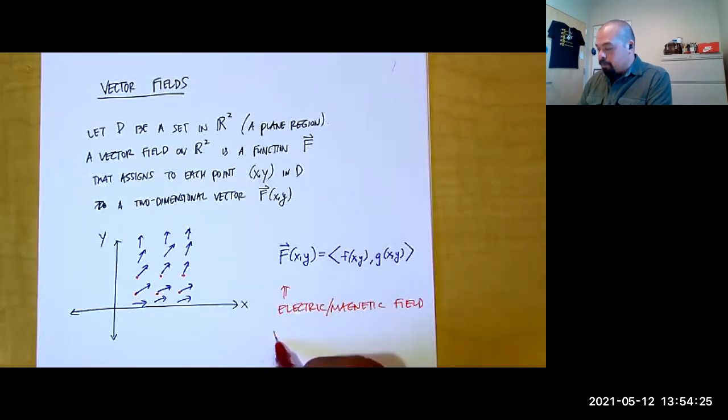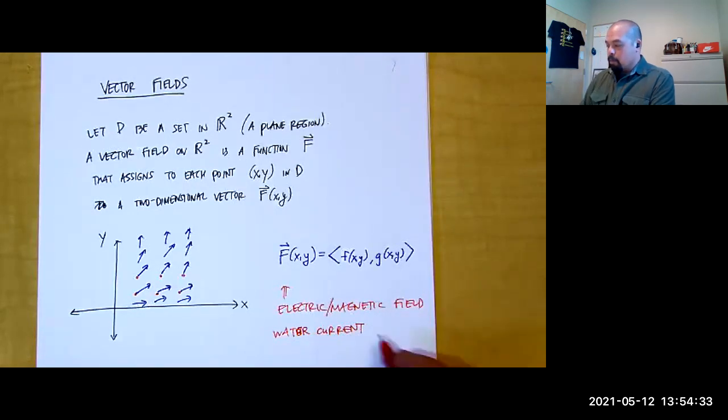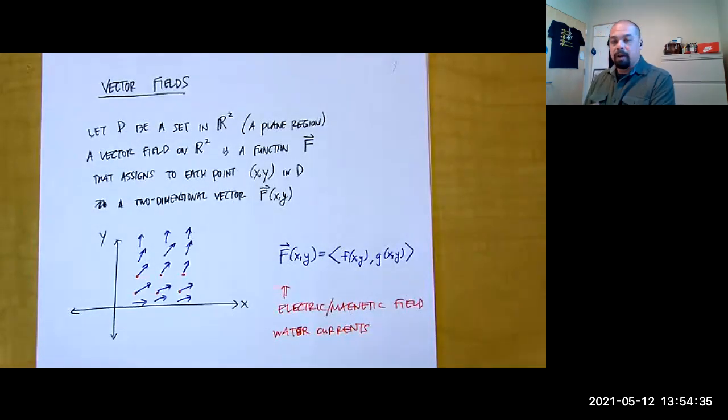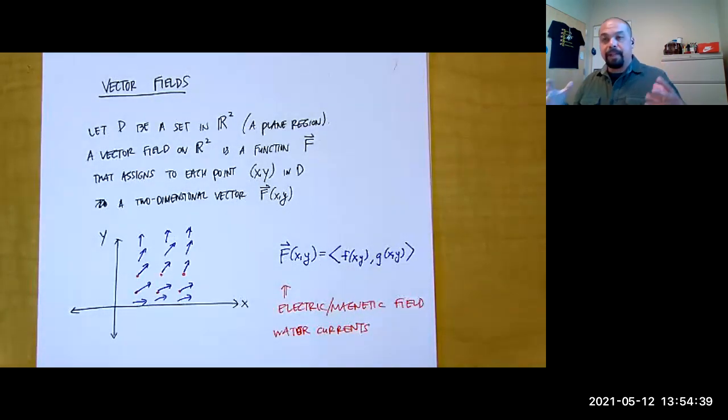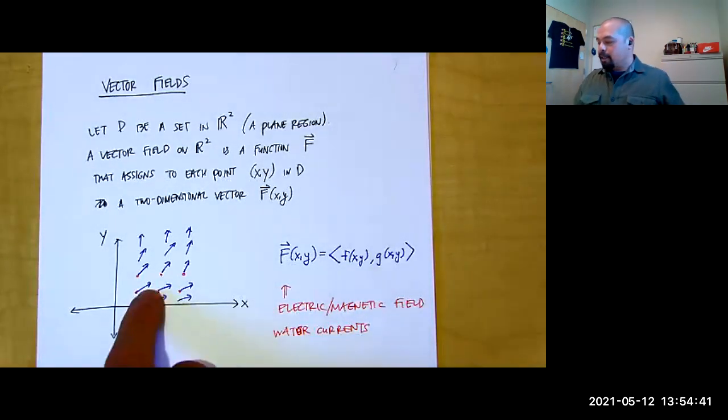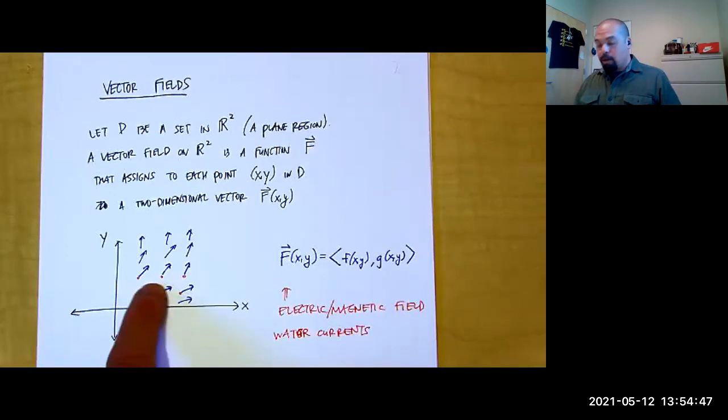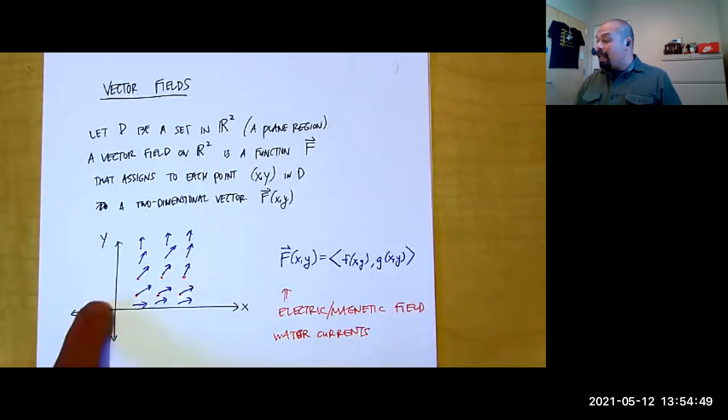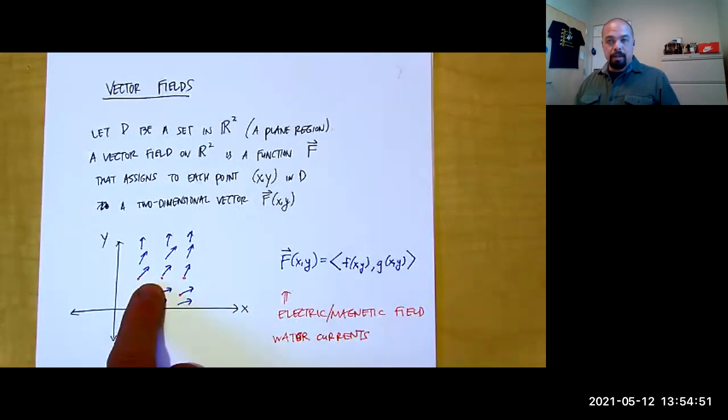Or a water current. In a river, in an ocean. This is the way I physically think of it. These little forces that are acting, that are pushing on a particle in this region, right?